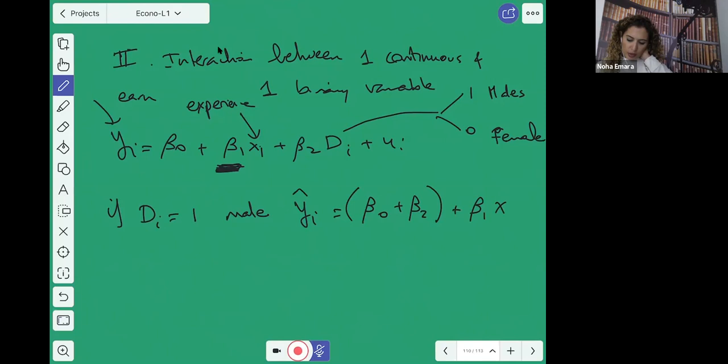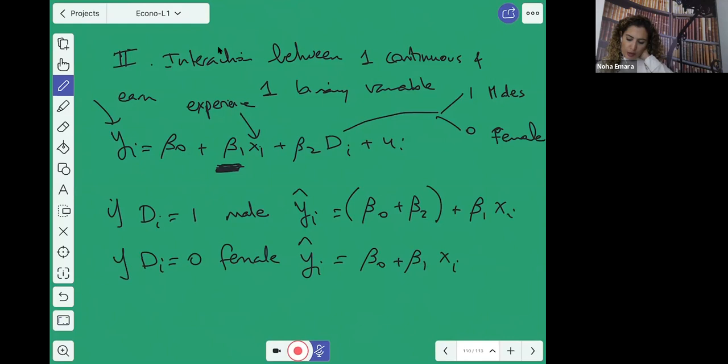You can think of it as xi, which is the experience. And if di is equal to 0, then this is the equation for females, and yi hat is equal to just the beta naught plus beta 1 xi.